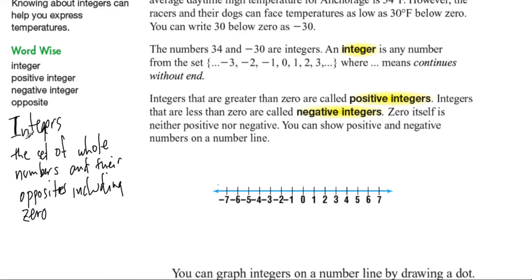If you can read my handwriting, the set of integers is a set of whole numbers and their opposites, including 0. So this is not really a good definition. I suggest you take my definition down.